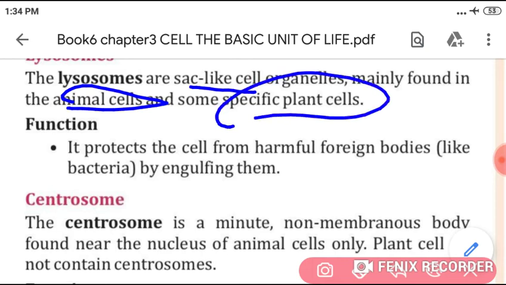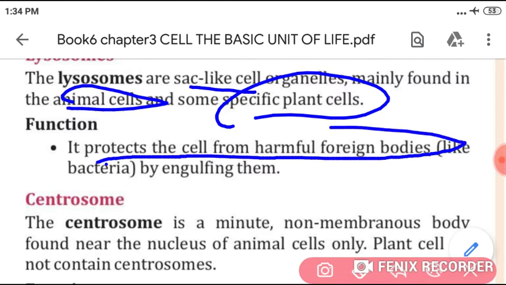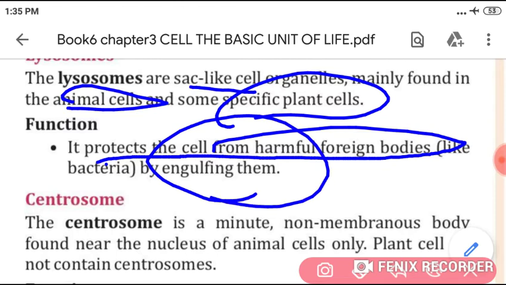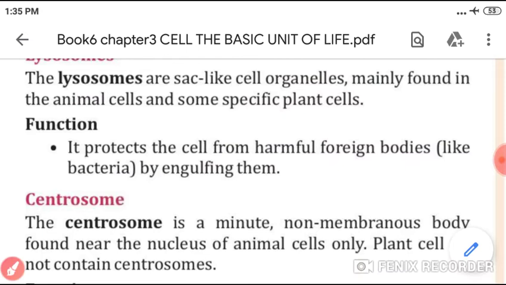What is the function of it? Students, this lysosome is very important. Why? Because it protects the cell from harmful foreign bodies. Okay, how? By engulfing them. Okay, they eat these foreign bodies.